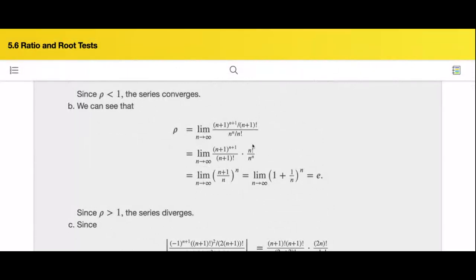So the limit of the ratio equals the Euler number, which is greater than 1. By the ratio test, this series diverges. Does anyone have any questions?